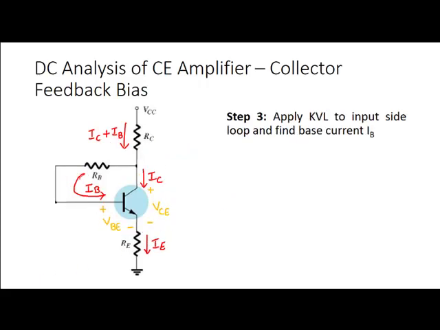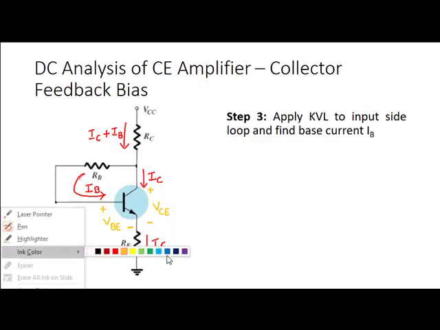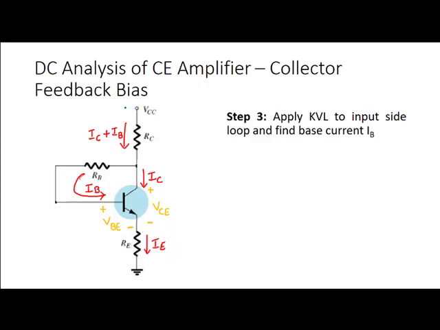In the next step, let us apply KVL to the input side loop and find the base current. So let me mark the path of the input side loop. It starts from VCC, goes all the way through resistor RC, through the resistor RB, and then we encounter the voltage drop VBE, then we encounter the resistor RE and all the way to the ground. So this is the path in which we are going to apply the KVL.